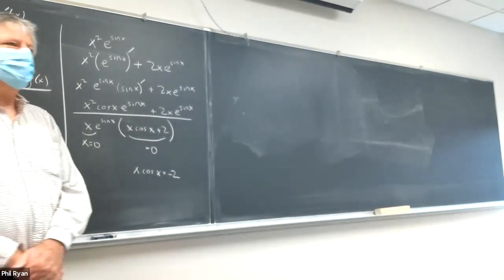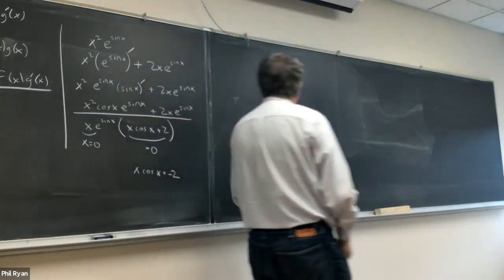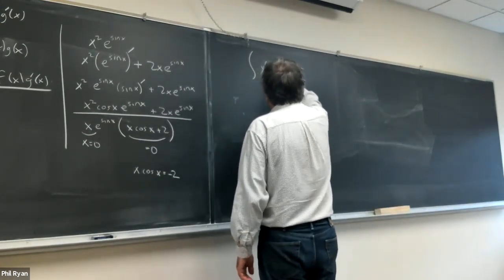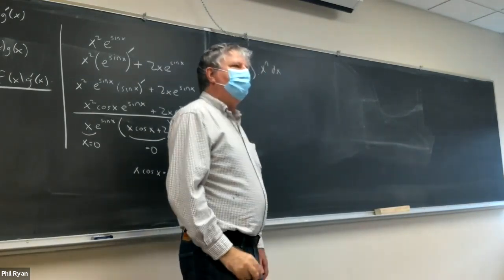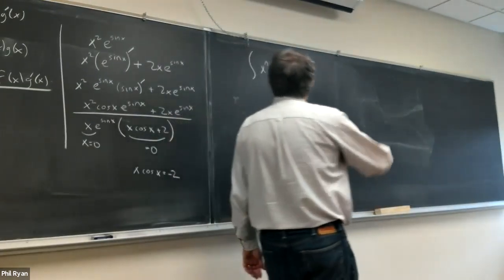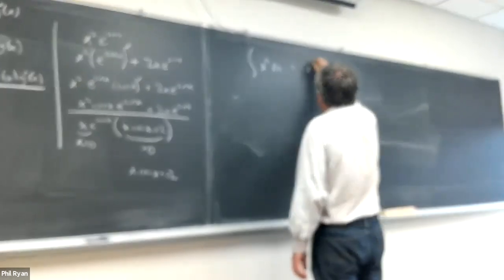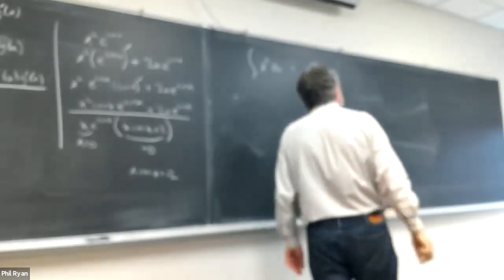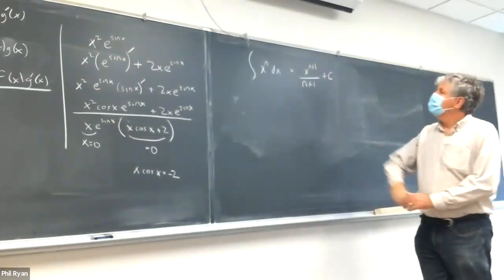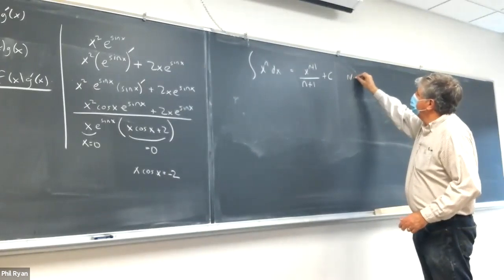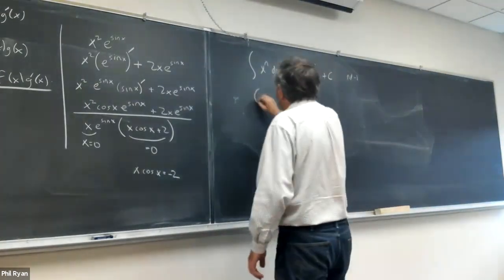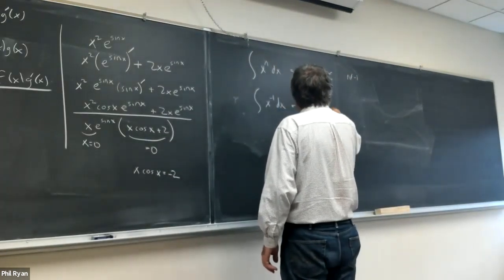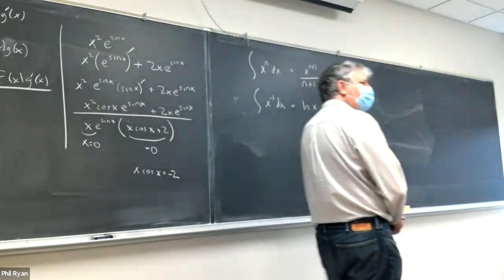Okay, and so you've just got to recognize, so what things do we know? We know, for example, we have a power rule for integrals where we add 1 to the power and divide by that. We've got that pesky plus c. And we can do this as long as n is not equal to -1, because the integral of x to the -1 dx is ln of x plus c.